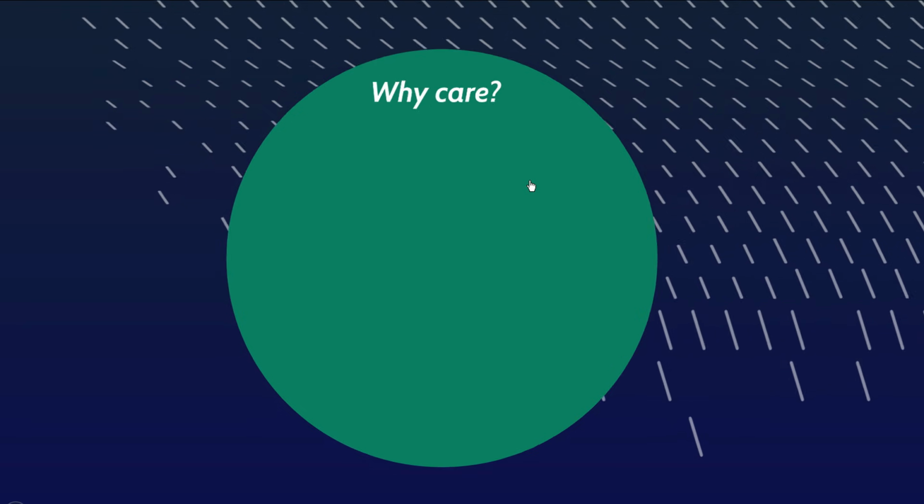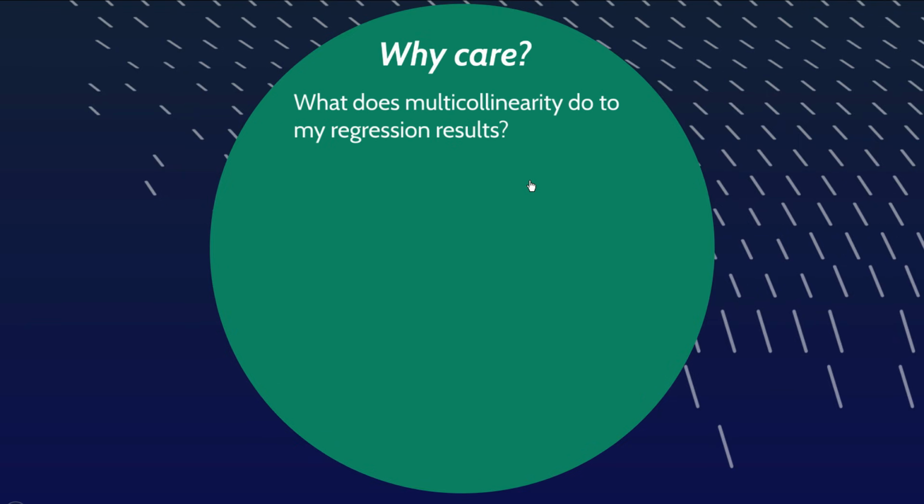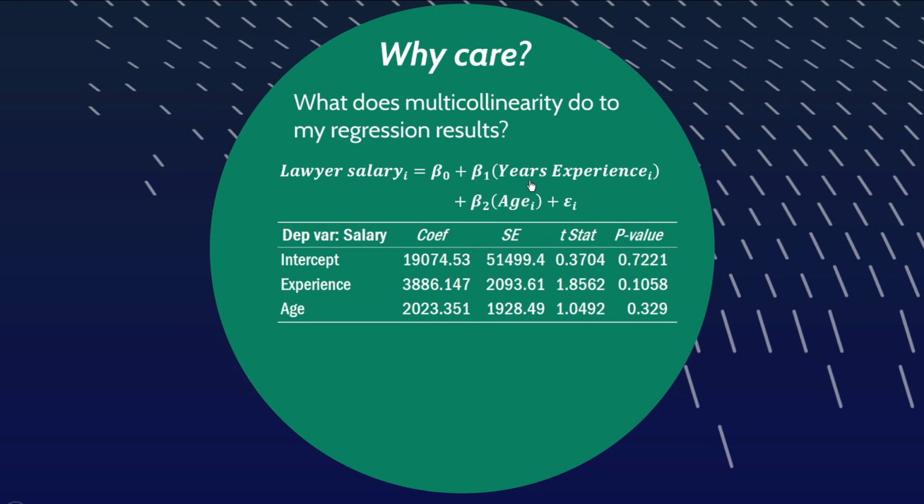Okay, so why do we care about that? Well, let's have a look and see what it does to our regression results. So let's just say I've run this regression and we've got some coefficients here for experience and age. So these would suggest that for an increase in 1 year's experience, your salary is to increase by $3,886 on average.